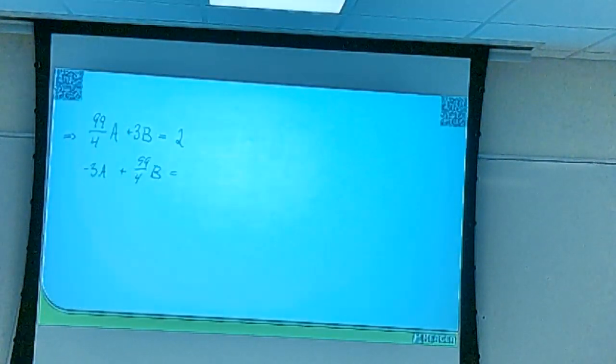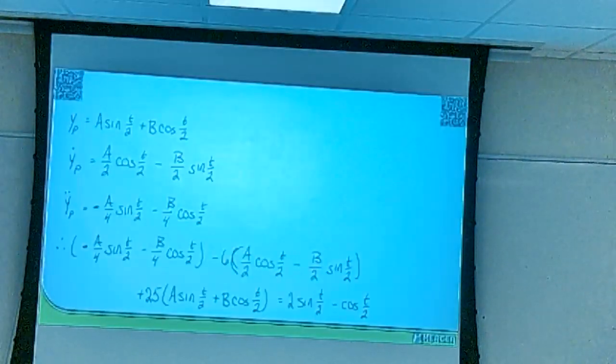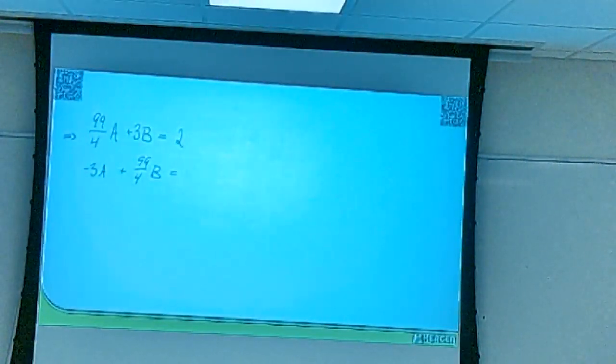And what does that have to equal? So what's the coefficient on cosine? Negative 1. There's your system.